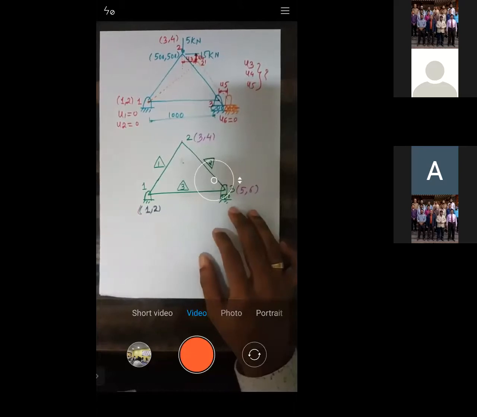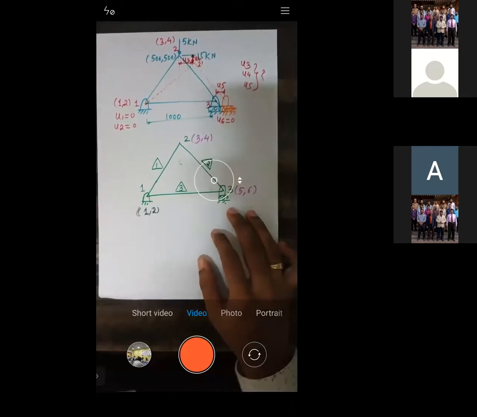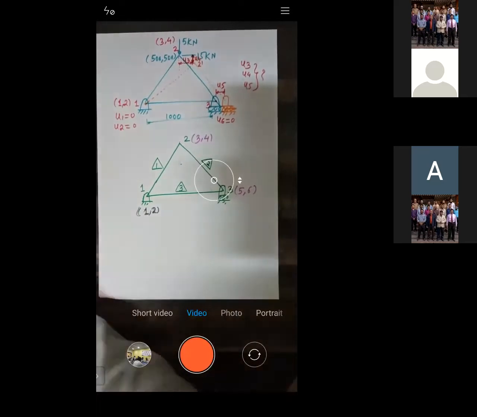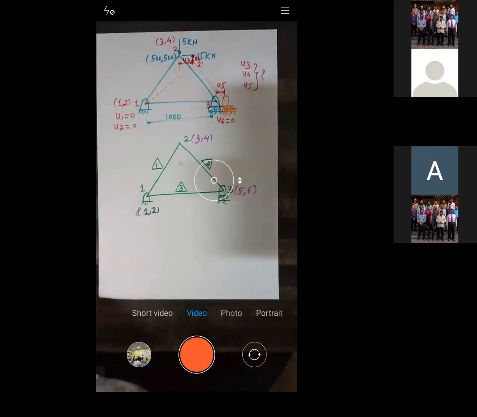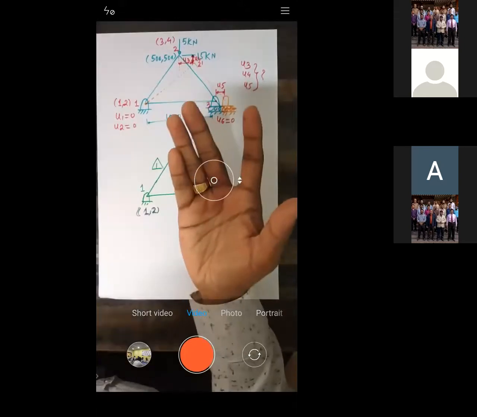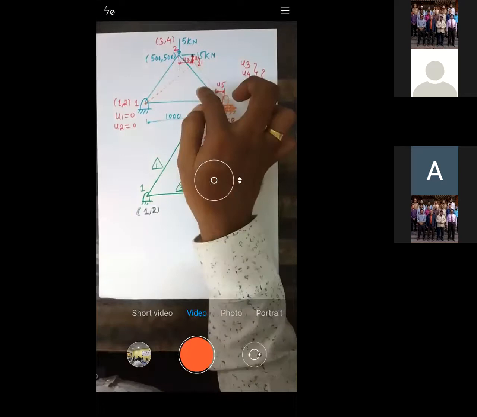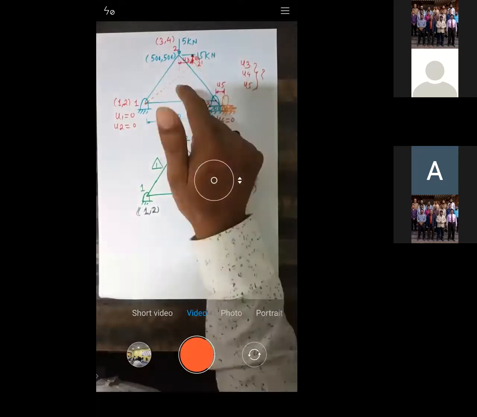In the next lecture, we will start with the analysis of beam, and once that gets finished, we can start taking problems on two-dimensional elements, such as rectangular and quadrilateral elements. See, this is not a rectangular element. This is a line, and this is a line. What do you have inside? It is nothing, it's air. So this is not a geometry.